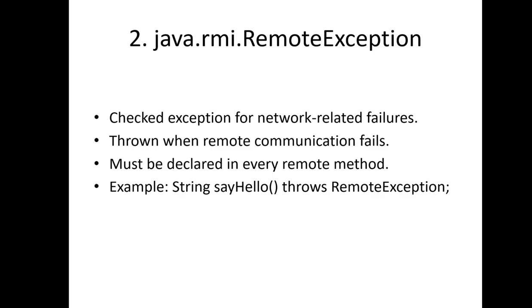The server may not be responding properly, or there might be cable or network failures. This can happen in some circumstances. To handle that, we have to throw RemoteException in all the methods. Whatever methods you use, it must be handled properly.